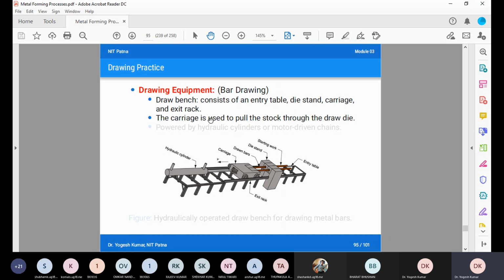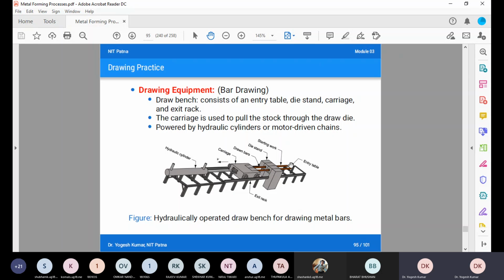Here the carriage is used to pull the stock through the draw die, and it is driven by a hydraulic cylinder or motor driven chain. So you can see there is a draw bench on which you can find the die stand and the carriage. The drawn bar you can see here.